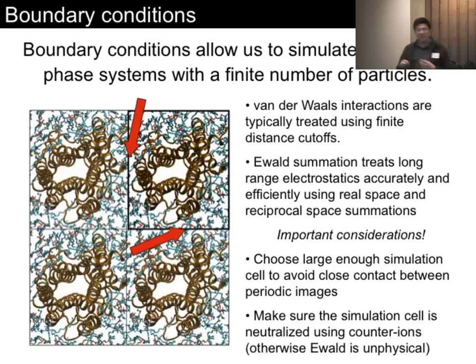Okay, so now let's talk about some more topics that are specific to molecular dynamics simulation. Something that's really important that we also need to keep in mind is the boundary conditions. So typically, the system that we want to simulate is in some environment. You might have an ion surrounded by a solvent, or you might have a membrane protein in a lipid bilayer.